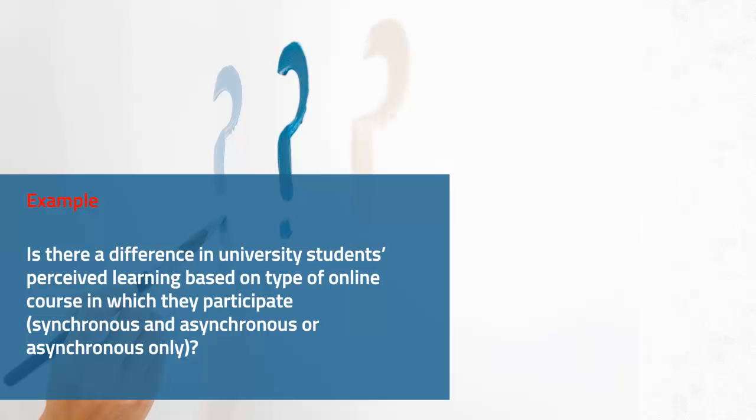Let's make sure that we fully understand this idea by looking at an example. Let's say that a researcher poses the question, is there a difference in university students' perceived learning based on the type of online course in which they participate, using synchronous technologies versus asynchronous only technologies?